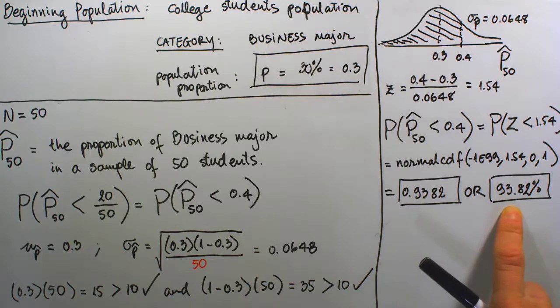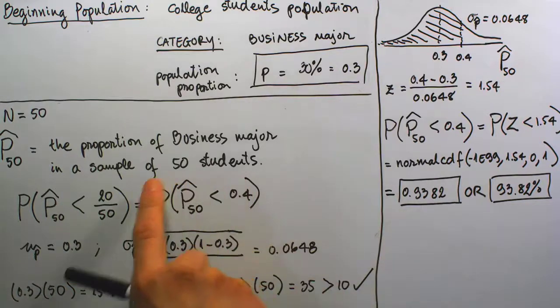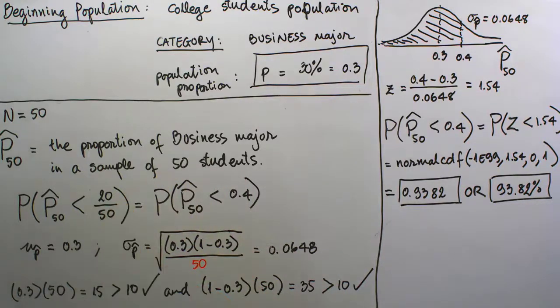Or we're looking at about 93.82% of the time that we're going to find a sample where less than 20 of them are in business major, less than 20 in a sample of 50.